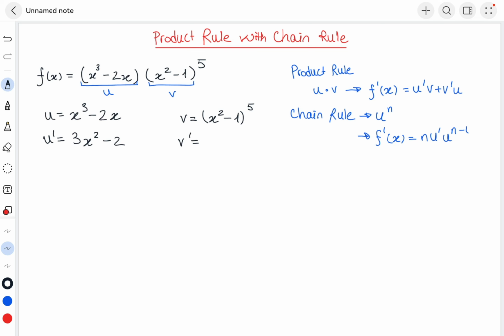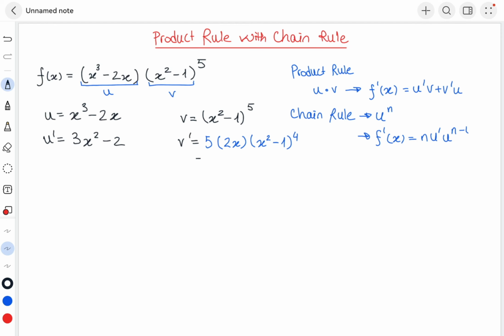Now, solving for the derivative of v, we have (x^2 - 1)^5. Here, we'll need to use the chain rule, which states we first take down the power, then we derive what is inside the parentheses. So we have x^2 - 1, the derivative of it is 2x, and then we keep the same function, power 5 minus 1, which is 4.